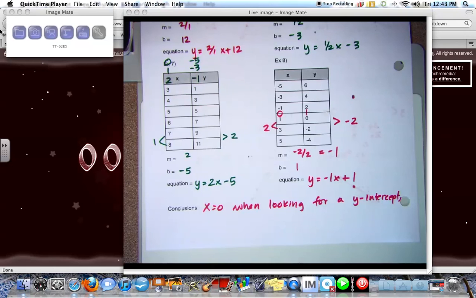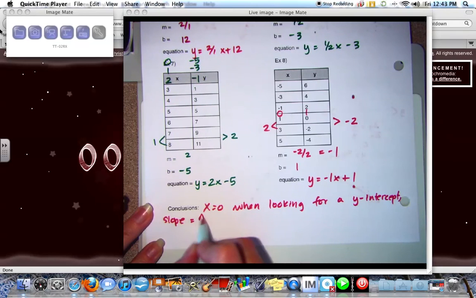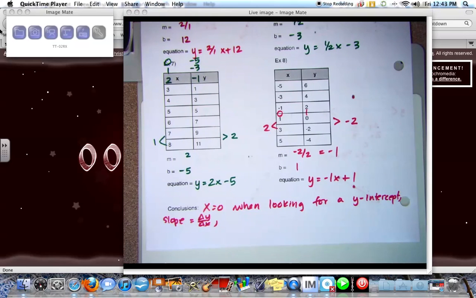Y is always over x. Okay, so for slope, we always have the change in y over the change in x. What did we use to find the slope and the y-intercept? We found differences. We could also call them what? Changes, patterns, maybe.